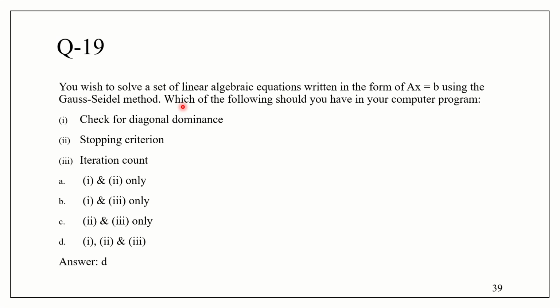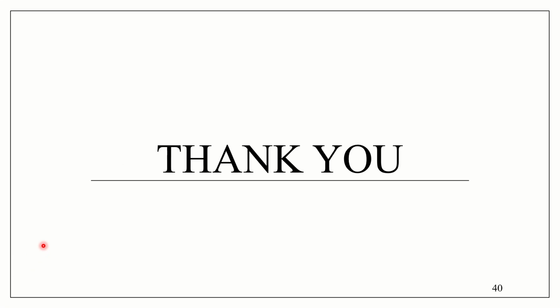And iteration count, again we would be requiring to know how far it has proceeded. So which of the following you should have in your computer program? All three statements should be included. So the answer to this is option D, 1, 2 and 3.